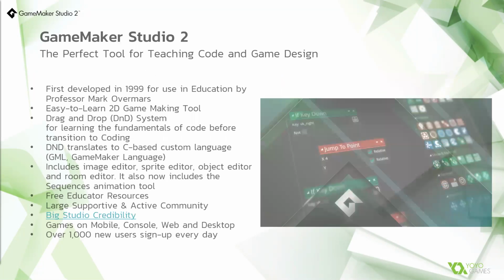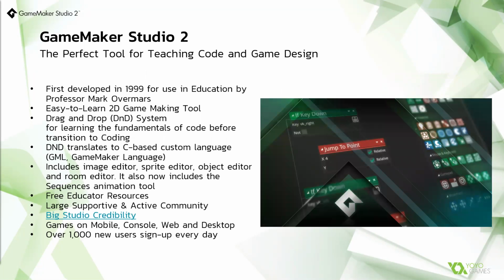So GameMaker Studio 2. First developed in 1999, so 21 years ago, by Professor Mark Overmars. It's a really easy to learn 2D game making tool, and it's used by professionals, so it has all of those credentials.